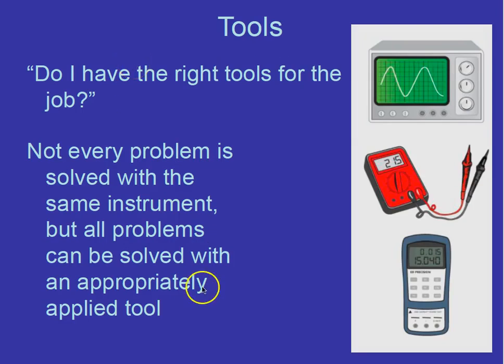So next is tools. This troubleshooting process involves checking the terminal voltages across the components and devices in the circuits. It checks for continuity of the current, looks for any open circuit faults or short circuit faults, and measures the resistance, capacitor, transistor, and inductors, and their status, whether they are functioning or not.